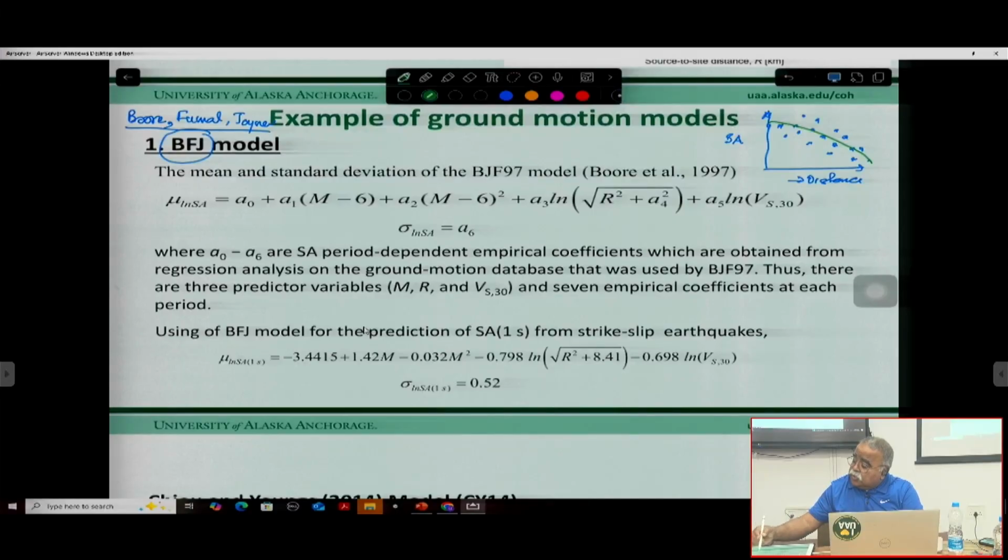So this is what we were trying to calculate. This regression analysis will give you this type of A1, A2, A3, A4, A5 relation. There is a big table, and these regression values for different spectral frequencies, we all have these numbers, right?